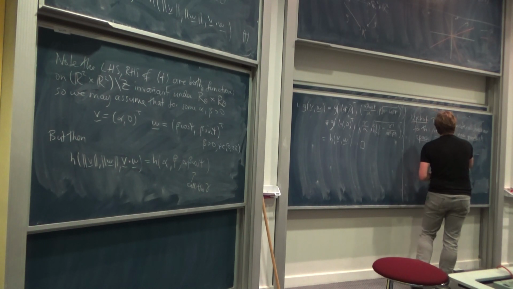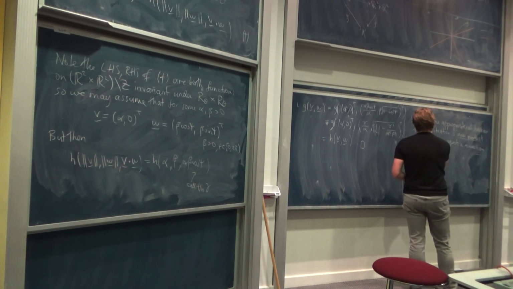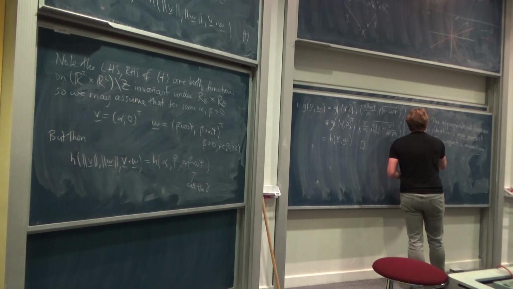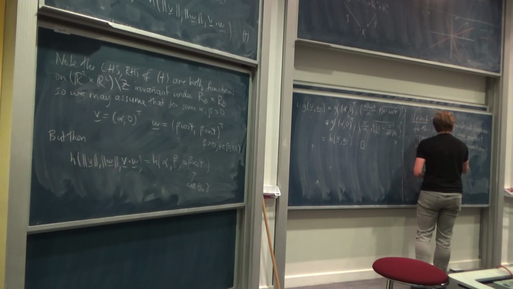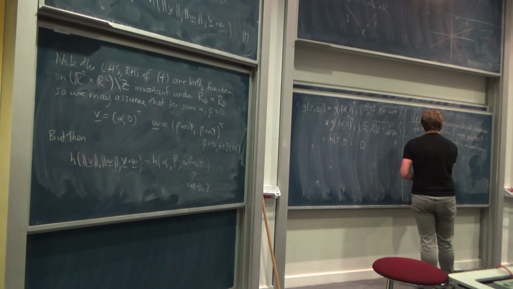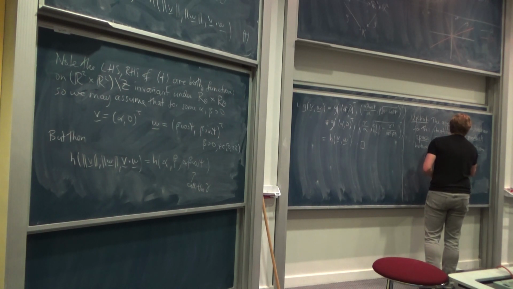So this suggests a connection between the group of symmetries which is given by the rotation matrices. This group is called SO2.